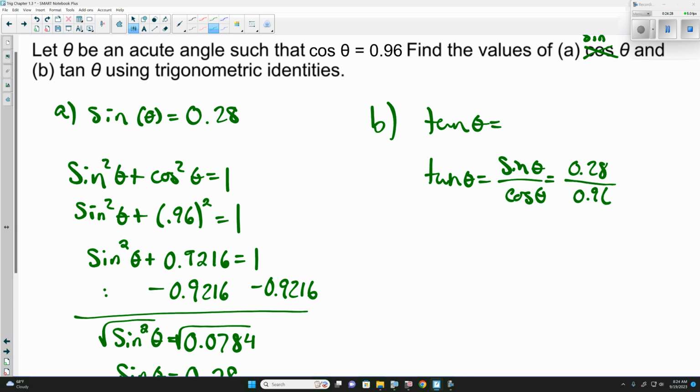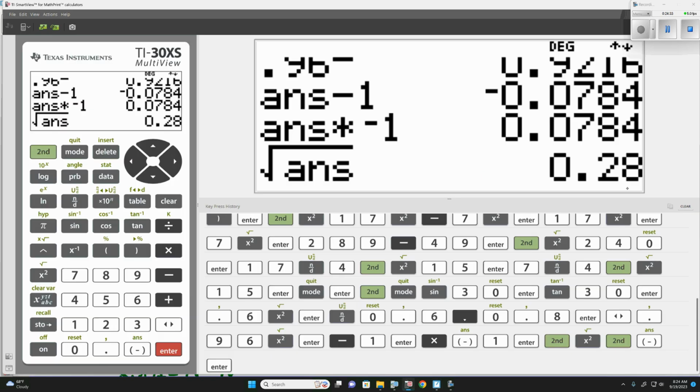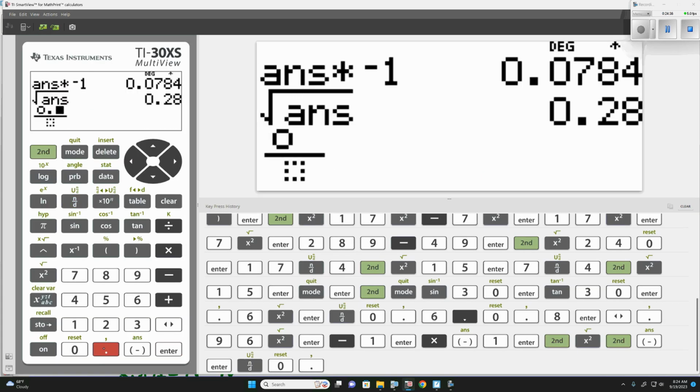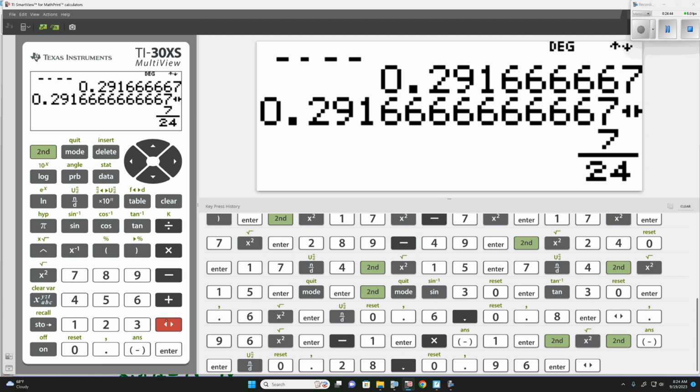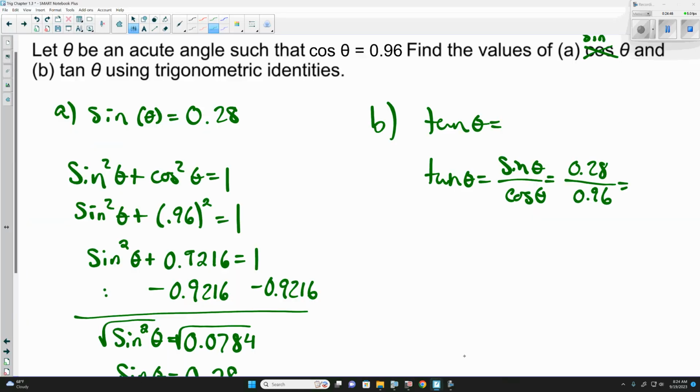Cosine is 0.96. 0.28 over 0.96 is that there, or 7/24. But that's it there. And again, it's not that we're doing a whole lot of specific calculations or different things. We're just going back to the definitions and plugging in what we know, solving for the rest. Questions on this here?